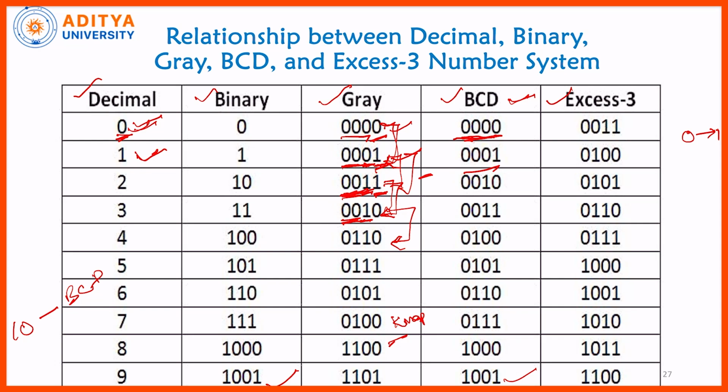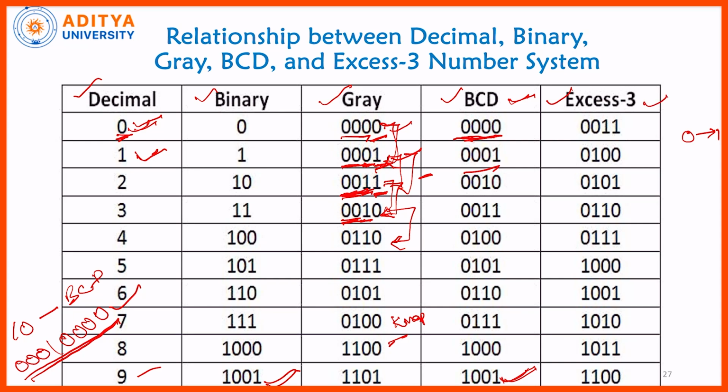That means 1 is represented as 0001 and 0 is represented as 0000. So there is an 8-bit representation for 10, but up to 9 it simply follows binary.